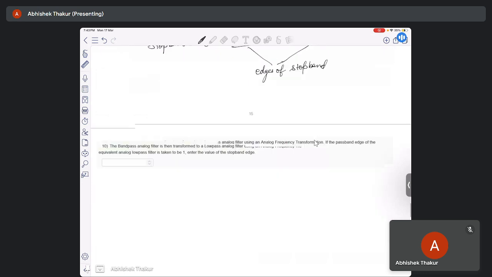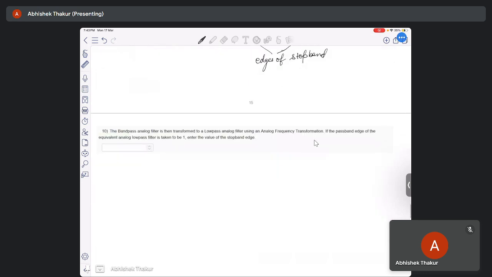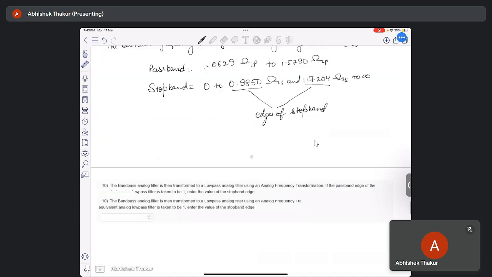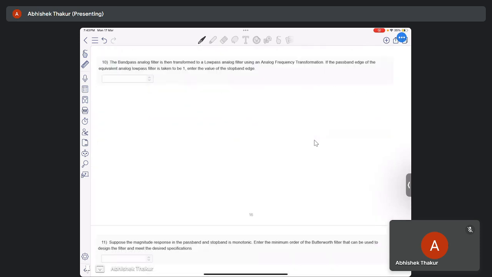Now coming to the next question. The band pass analog filter is then transformed to a low pass analog filter using an analog frequency transformation. If the passband edge of the equivalent analog low pass filter is taken to be 1, enter the value of the stop band edge.